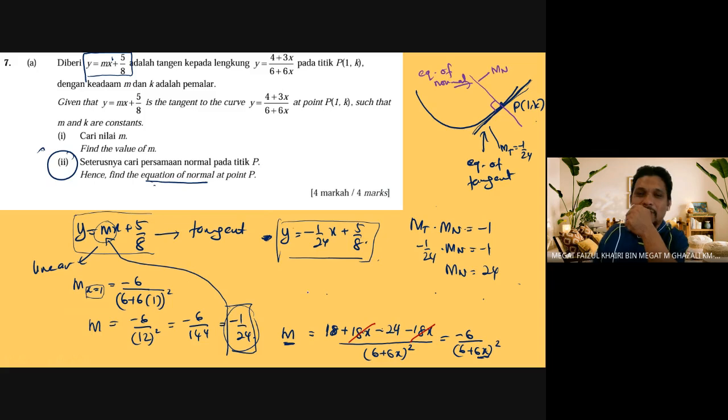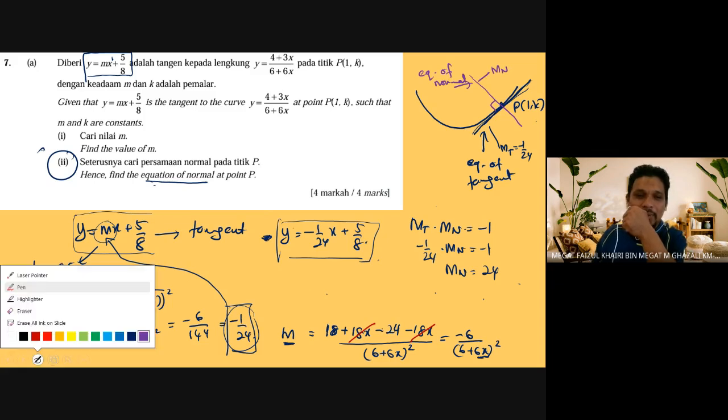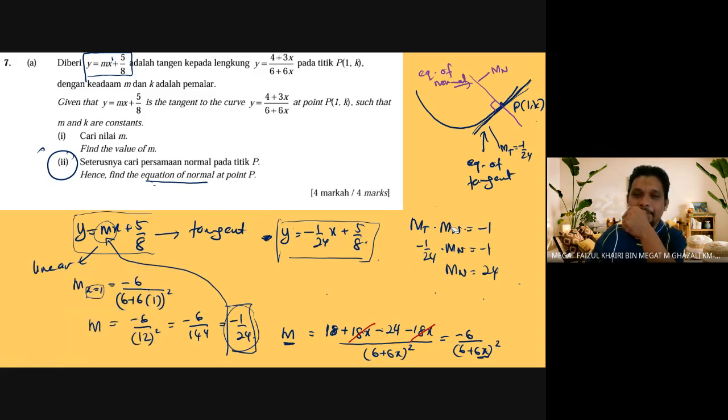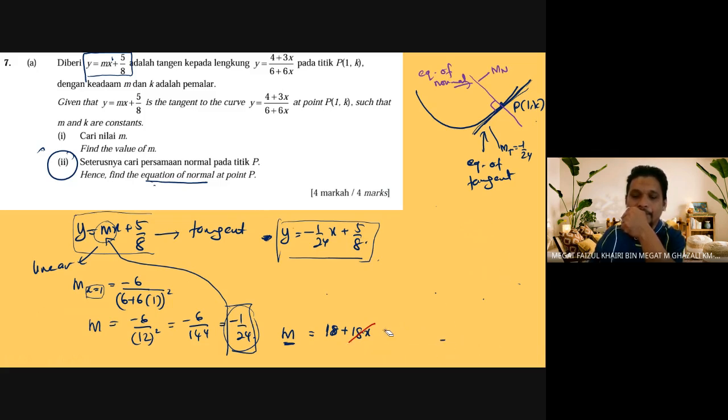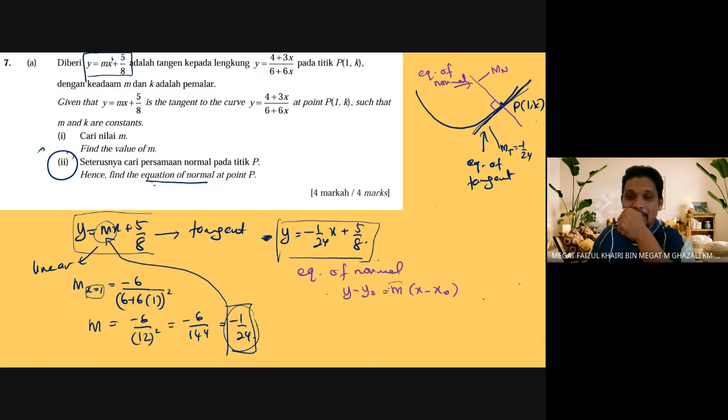Okay, so we would like to find the equation of normal at point P. So equation of normal, still y minus y naught equal to m times x minus x naught. This m now refers to the gradient of normal.